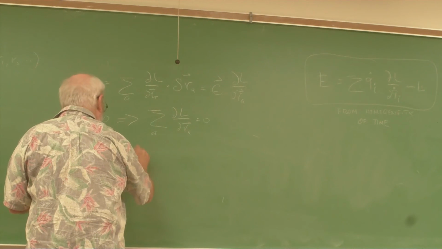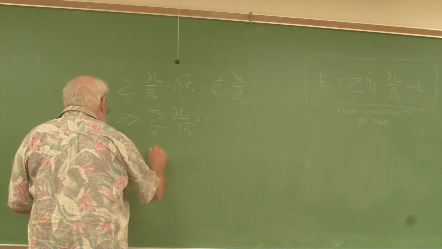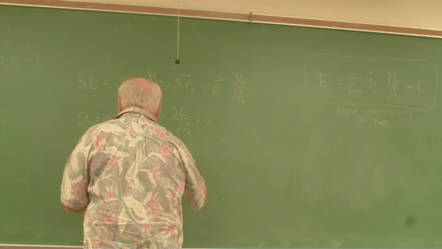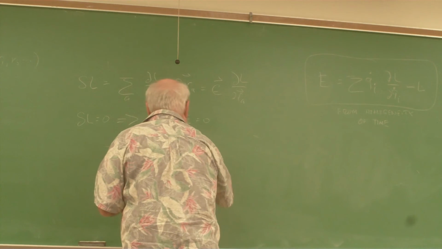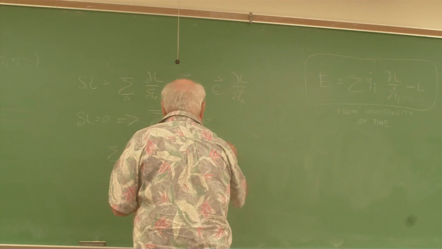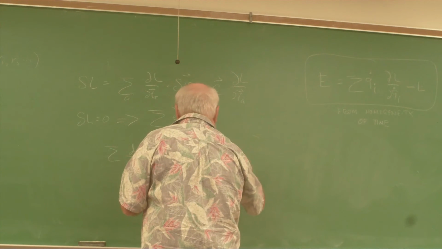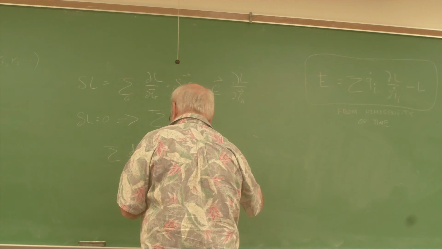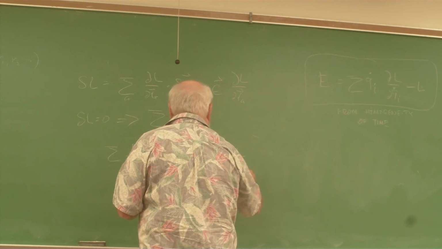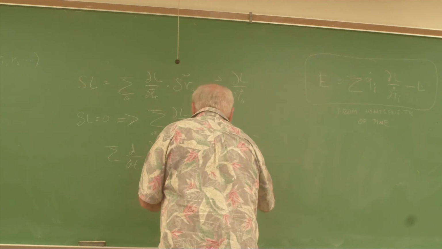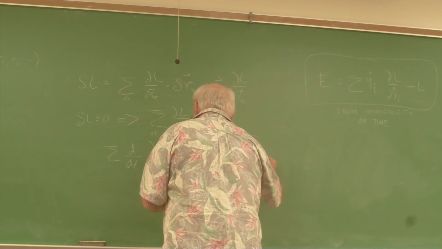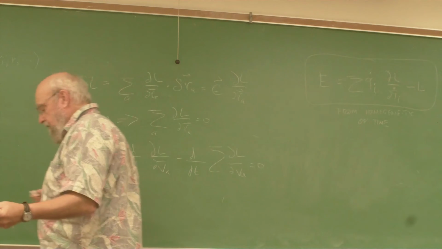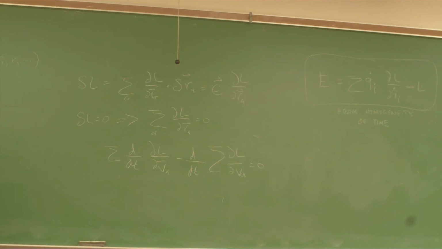Then we play the game again with Lagrange's equations. We go sum d/dt of ∂L/∂v_a, which is equal to d/dt of the sum of ∂L/∂v_a, taking the d/dt out front, equals 0, and therefore we have another conserved quantity.